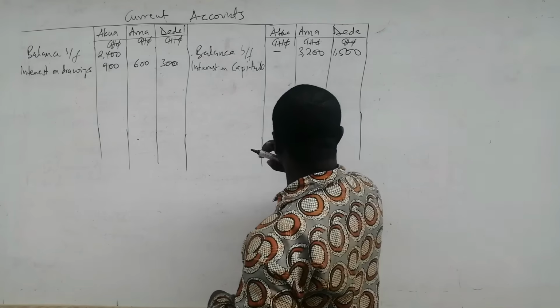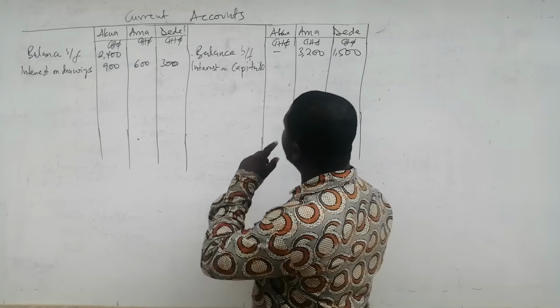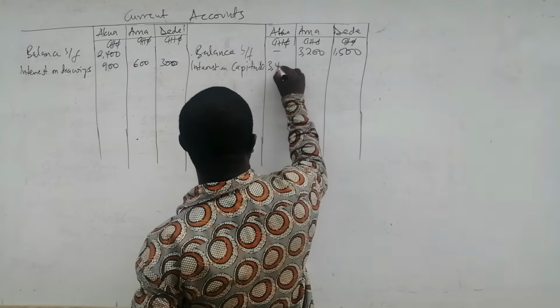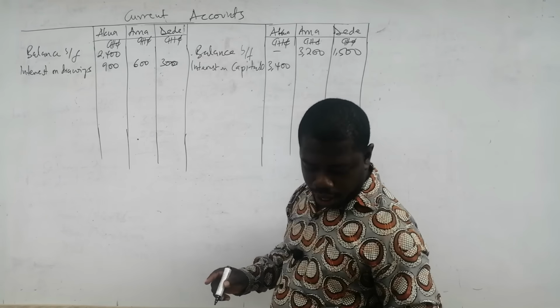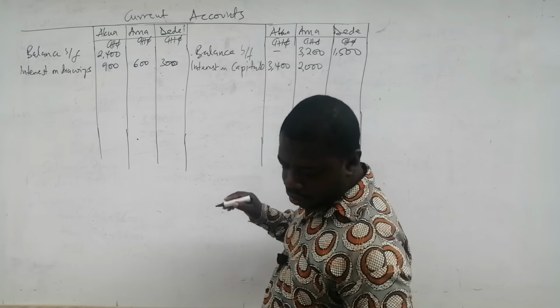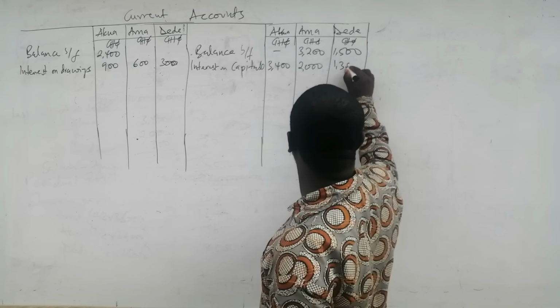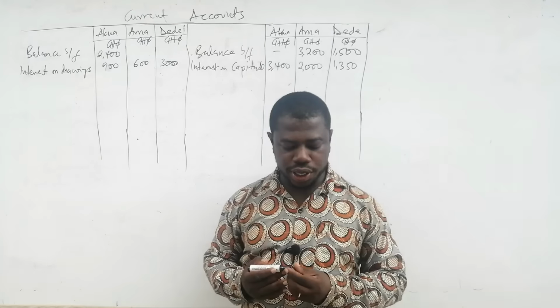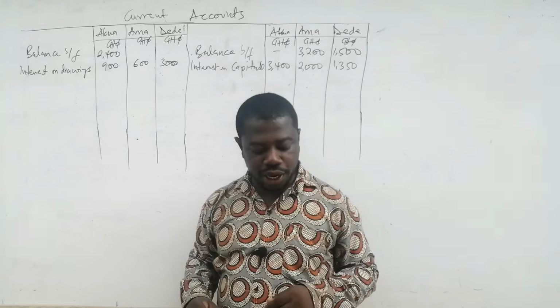And for the interest on capitals, Equia had 3,400, Ama had 2,000 exactly, and then there was 1,350 for the third.